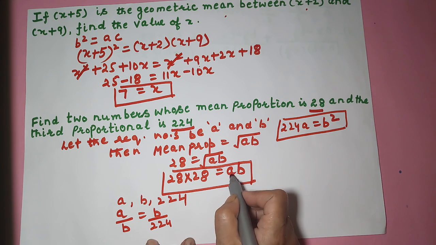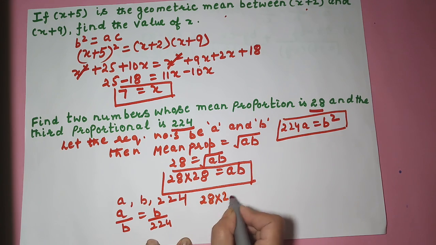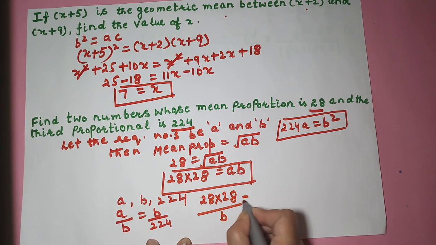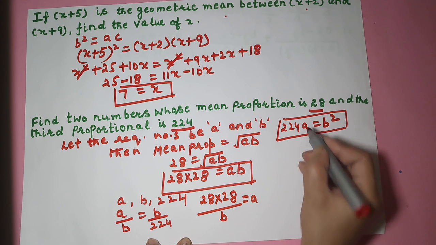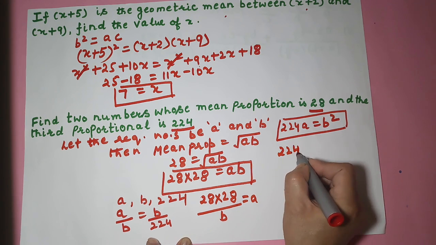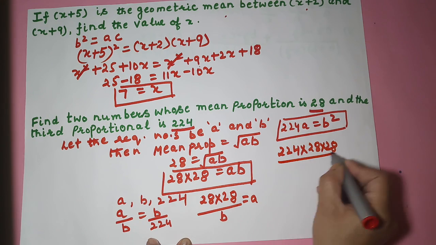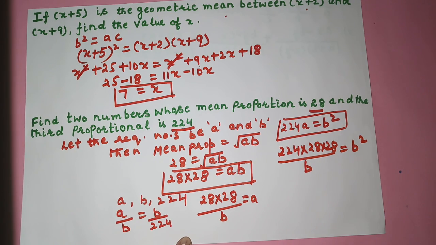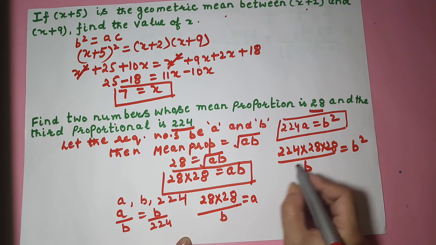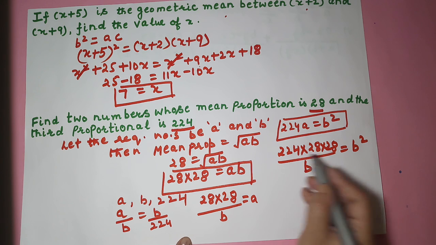So, what will we do? We will shift this b here. We will get 28 into 28 upon b equal to a. Now, we will take this value of a in this equation. We will get 224 into 28 into 28 divided by b equal to b square. Now, cross multiply. Can I write 224 in terms of 28?